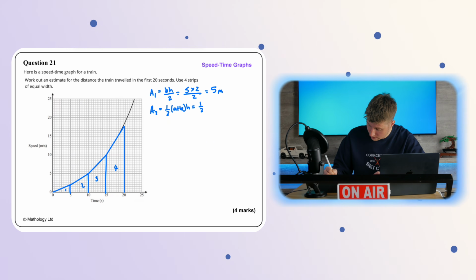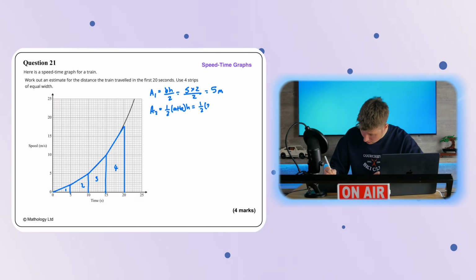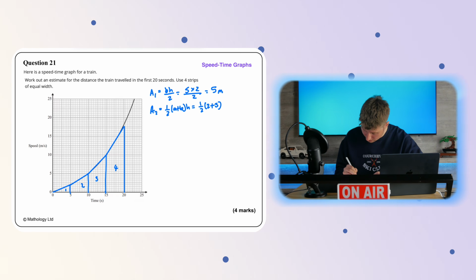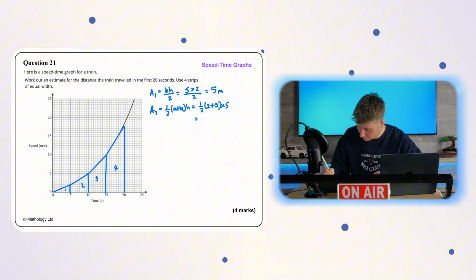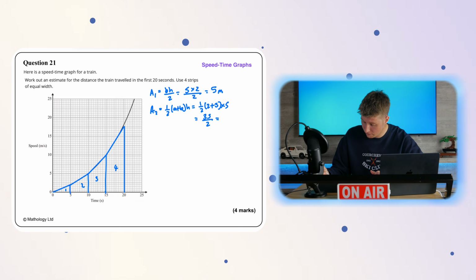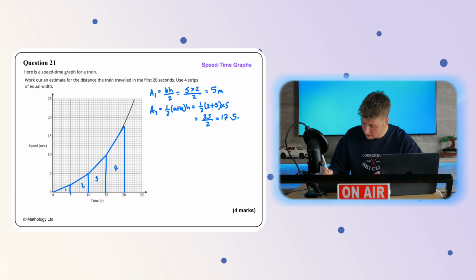So you've got a half, the a number is this number here, which is 2, plus b, which is the base number, 5, times the height, which is 5. So 2 plus 5 is 7, times 5 is 35, divided by 2. So 34 divided by 2 is 17, and then you've got the 0.5 on the end.